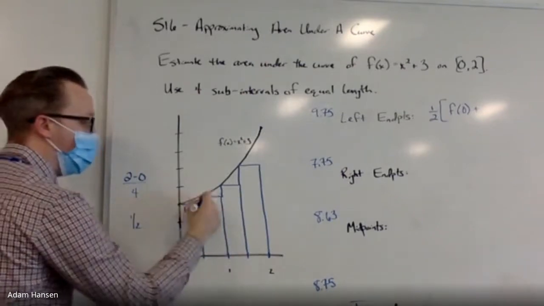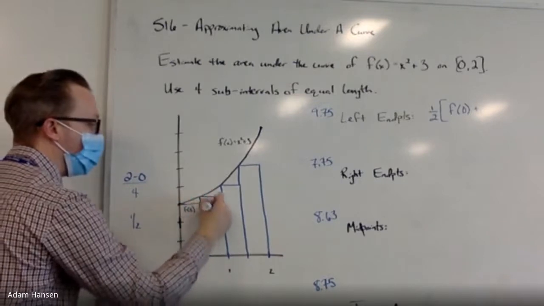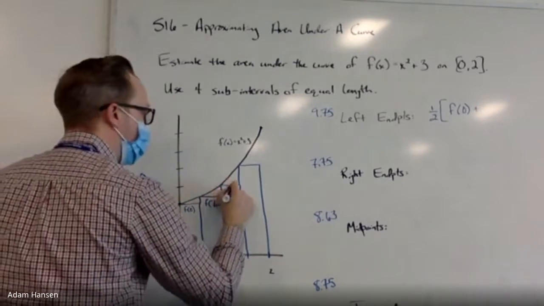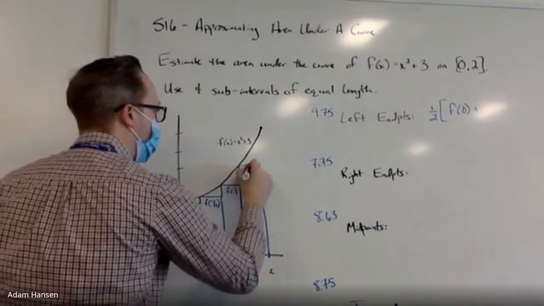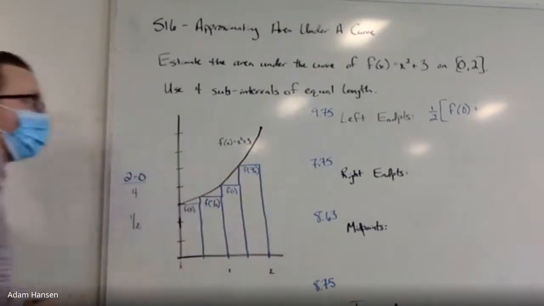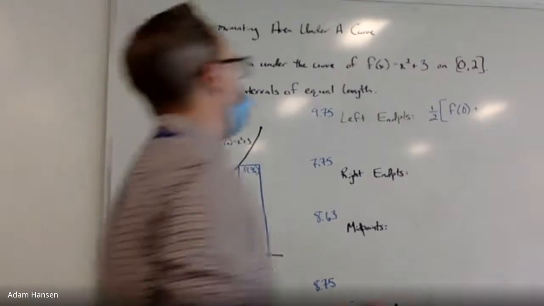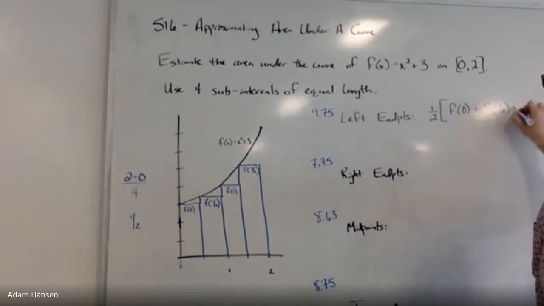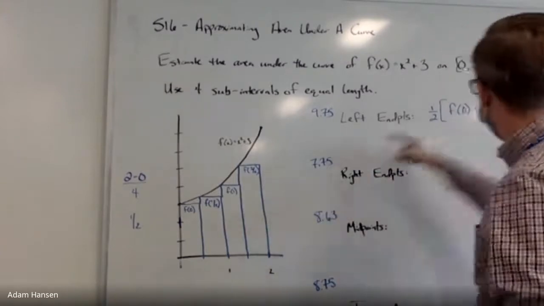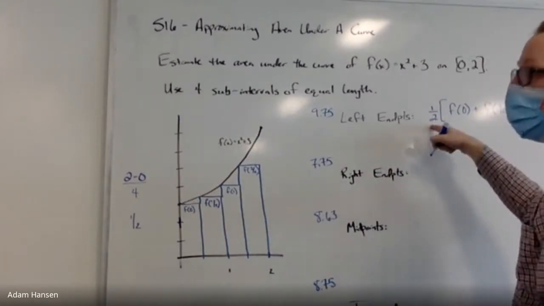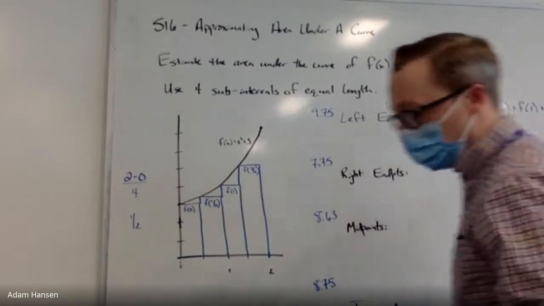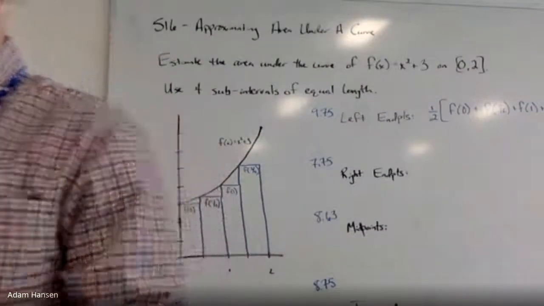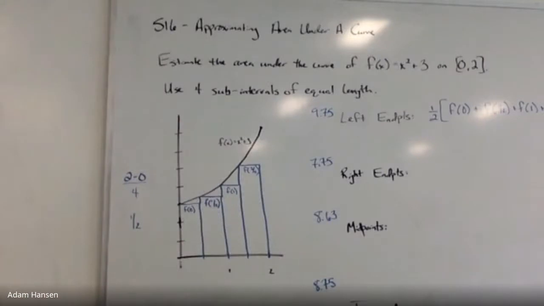Left endpoint of f of 1/2 should tell me the height of this rectangle, f of 1, f of 3/2 or 1.5. Got 4 rectangles, each with their common base times the summation of their heights. Questions on how we're setting this up so far?